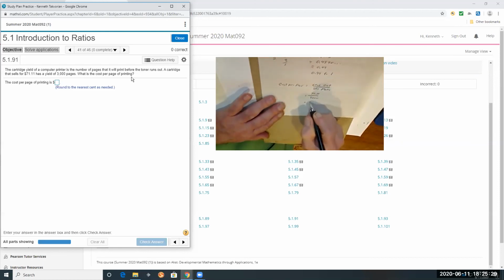I'm getting an answer of 0.0237, but we need to round it to the nearest cent. What do we mean by cent? Is that one place, two places, three places? The nearest cent is actually 2 places. So if we round to the hundredths place, or the nearest cent, the approximate answer is 0.02.